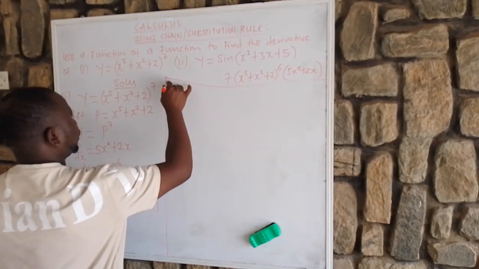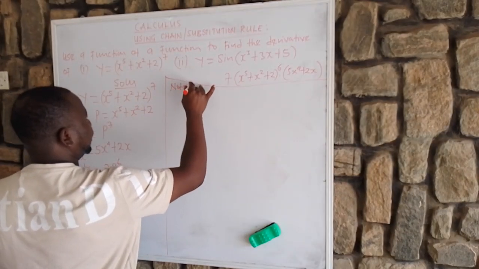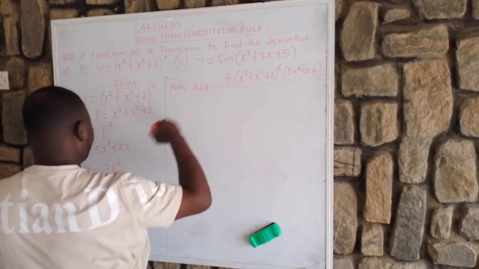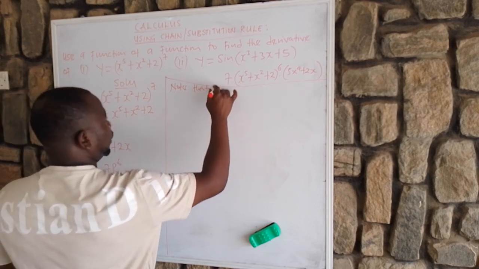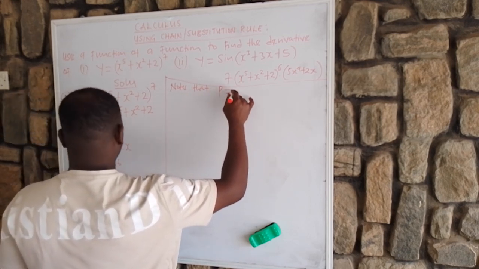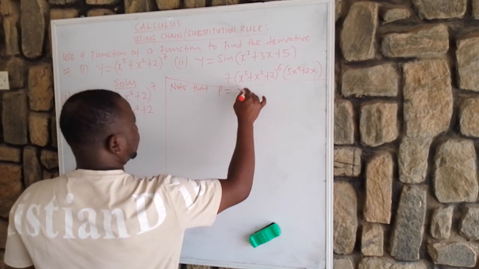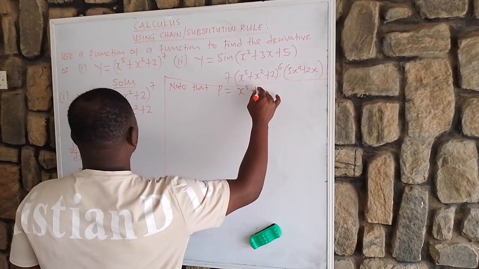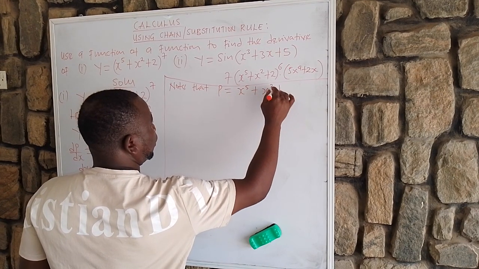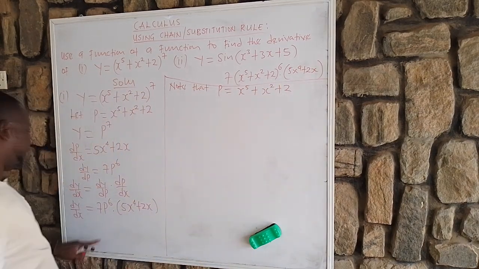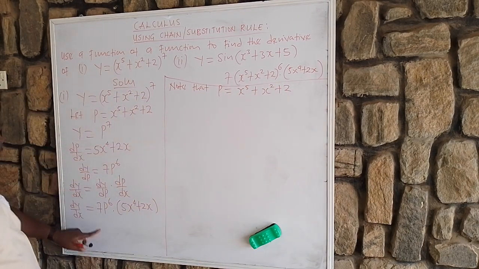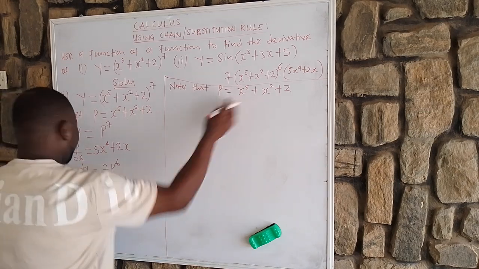But note that p is equal to x raised to the power 5 plus x squared plus 2. So anywhere you see p, you substitute in for this.